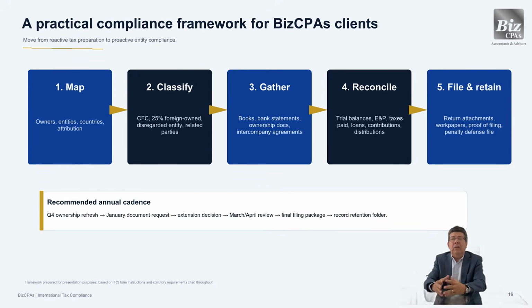We gather the information, the books, the bank statements, the documents to be able to keep good accounting records, and then we file and retain. We keep these records for 7 years, just in case the IRS will come and audit and ask for information that we have, that we can support and substantiate in front of the IRS.